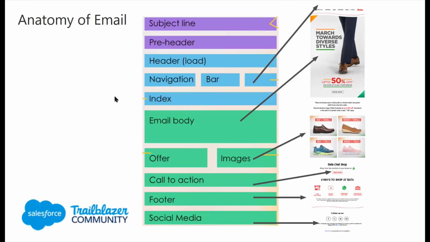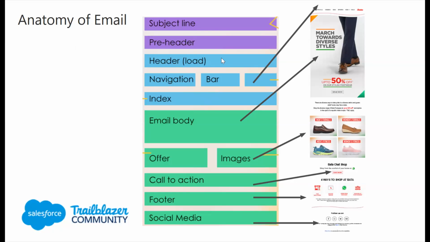Okay, before we start with anything technical specific, generally I would like to give you an anatomy of an email, meaning what are the basic parts of any typical email.